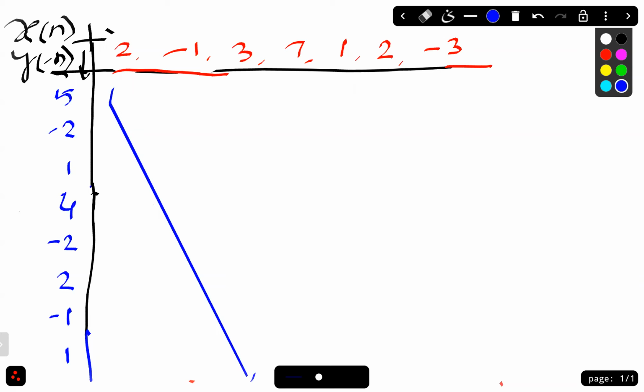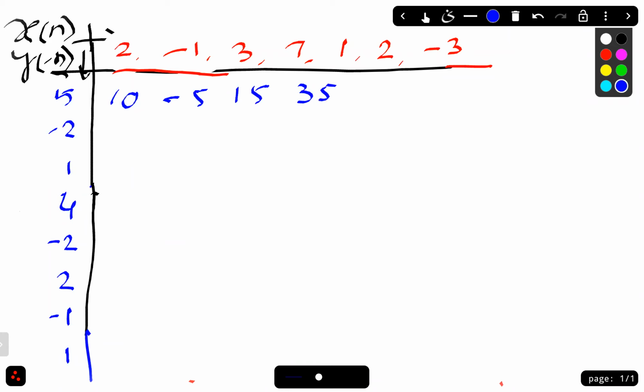Then this is 10, this is minus 5, this is 15, then 7 5s are 35, then 5, then 10, and then minus 15. Okay, so this is the first point. Then next again we will write minus 4, minus into minus plus, it is 2, minus 6.